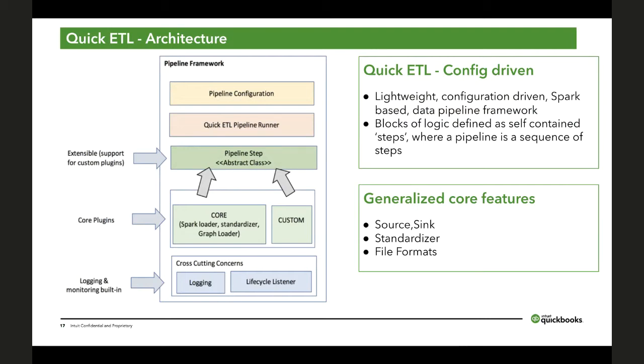One more biggest advantage is instrumentation. By default, this will instrument at step level, logical step level, and query level. Instrumentation is taken care of by this framework. Also, it has lifecycle listeners, like a Spark listener, provided as part of the framework, so that at job level and even step level, you implicitly get all the metrics.